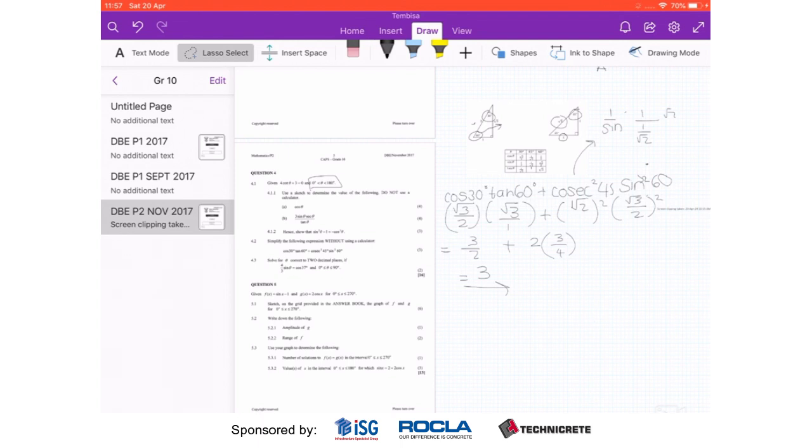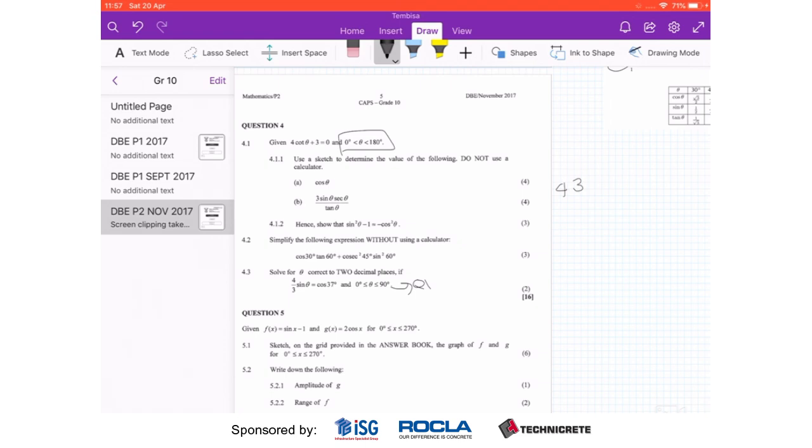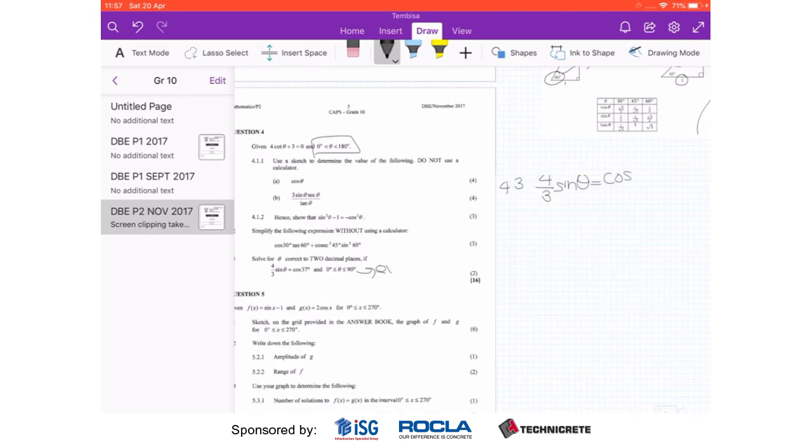Next question is further asking us to analyze. So let's take a look at it. It says solve for theta correct to 2 decimal places if 4 over 3 sine theta is equal to cos 37 and it falls between 0 and 90. So that's telling me it's in quadrant 1. I'm solving for theta. So I'm going to times by 3 over 4 on both sides.